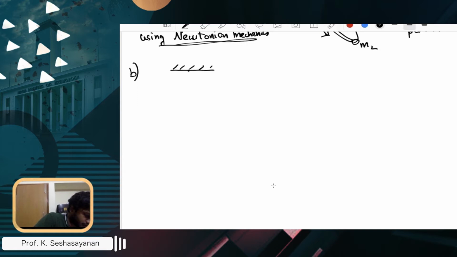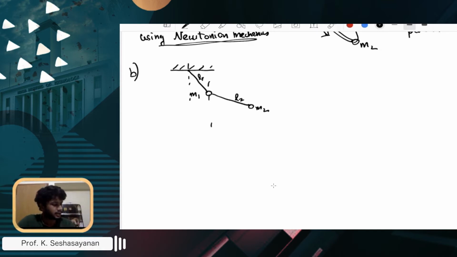So we have one hinge here, and then you have one mass m1, and then you have another mass which is m2. As one can see from here, the lengths of the massless rods are fixed to be L1 and L2. And since the masses are fixed, the lengths are fixed, all m1 and m2 can do is just rotate about their hinge.